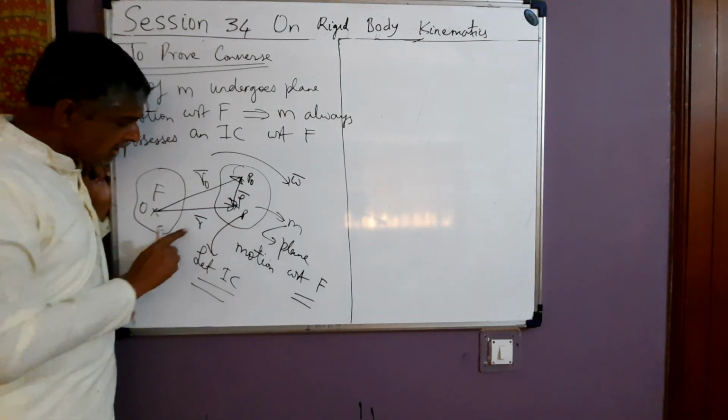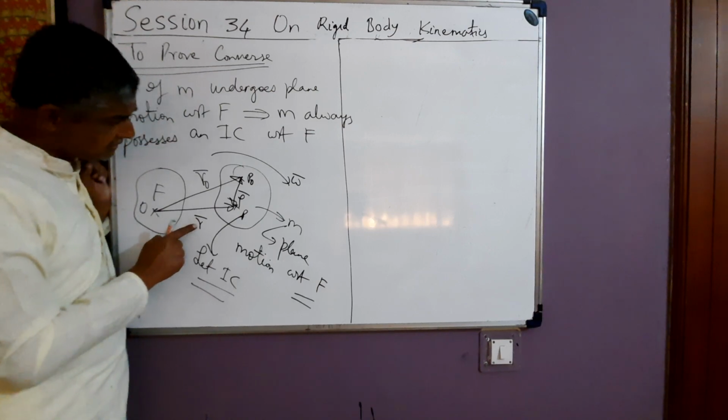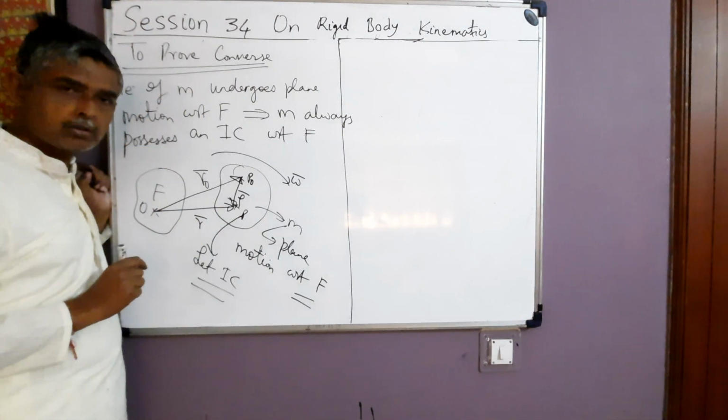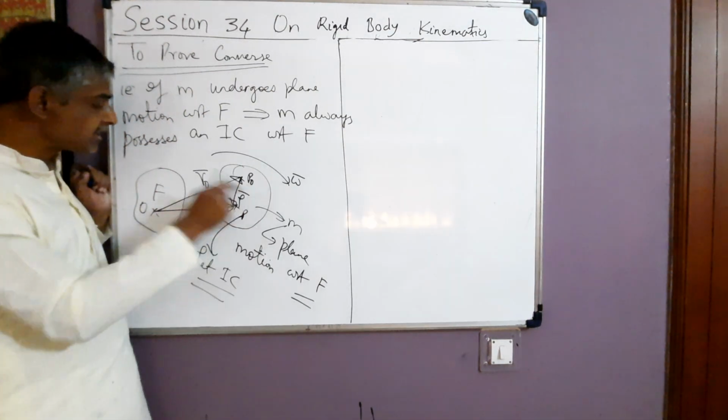What we'll do is calculate a value of R such that VPF is 0 at time t. By definition, P will then be the IC of M with respect to F at time t.